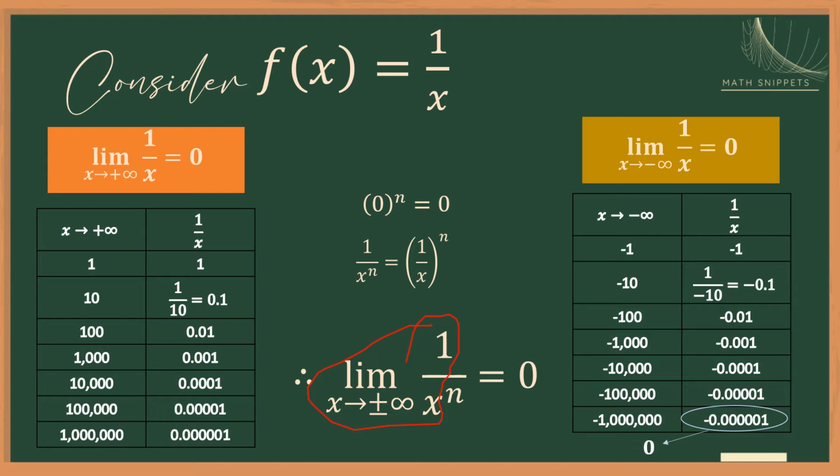And by the power law, if you have 1 over x raised to n, you can just take the limit of 1 over x, and then everything is raised to n. So 0 raised to n is 0. Therefore, the limit of 1 over x raised to n as x approaches positive or negative infinity is 0.